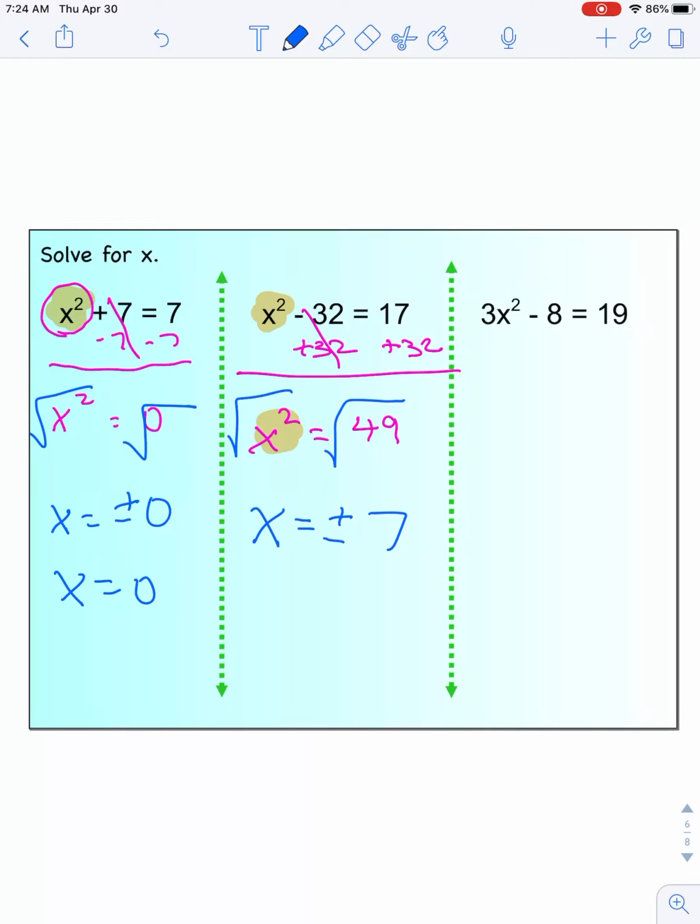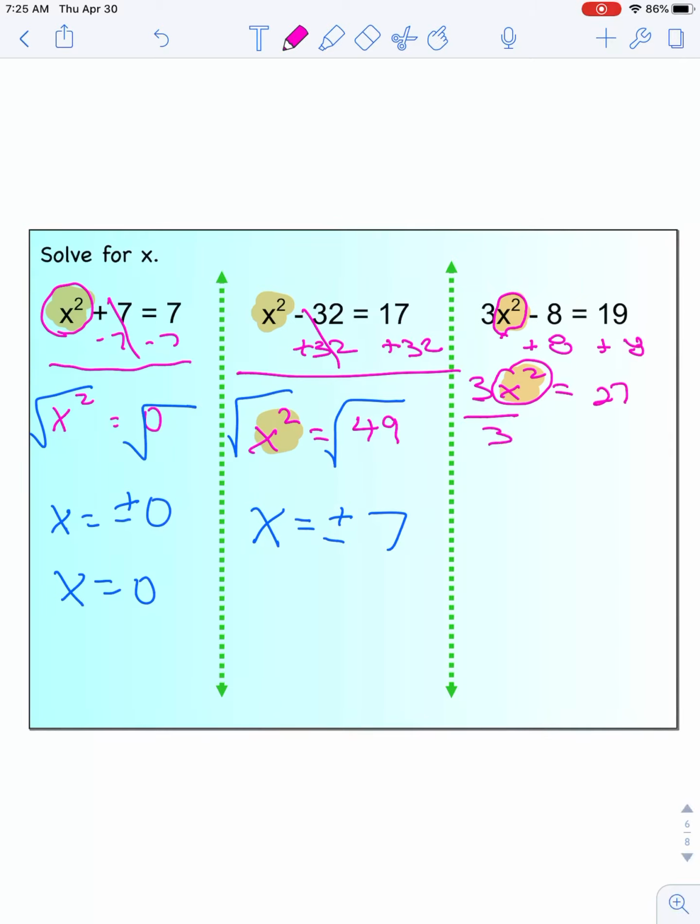We get a little bit more complicated as we go on here, because now to get what's squared by itself, I not only have to add 8, but I'm going to have to divide by 3. So first I add 8 to each side, which gives me 27. But I still have 3x squared equals 27. I don't have this by itself yet. I got to get it by itself before I can take the square root.